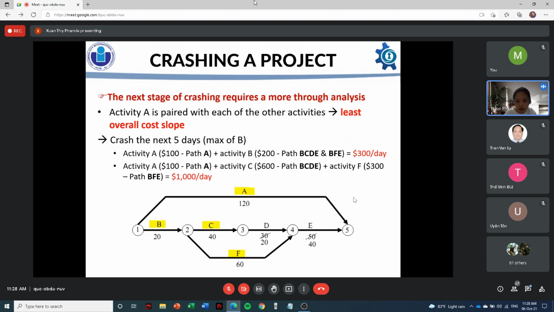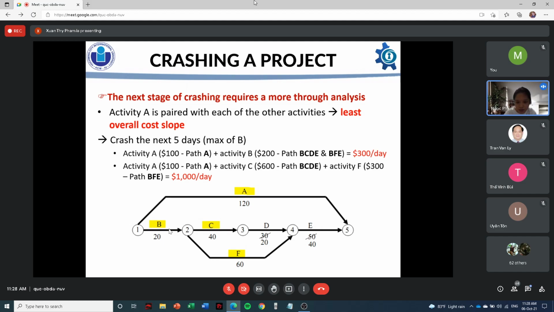So, since there are 3 critical paths, I will choose one activity from each path to crash it. We can see that there are 2 options here. The first option is to crash activity A along with activity B, which adds an additional cost of $300 per day.